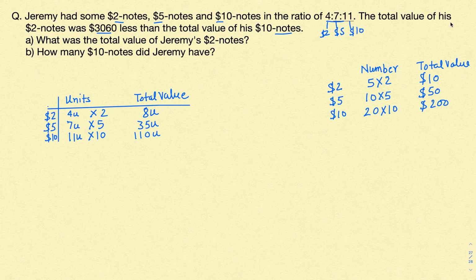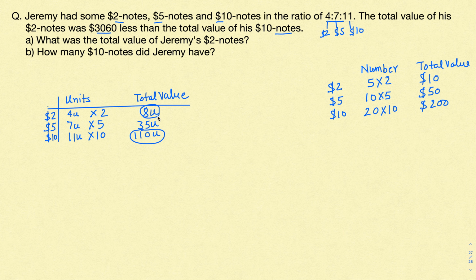The total value of his $2 notes was $3060 less than the total value of his $10 notes. Now look here. The total value of $2 notes is 8 units, and the total value of his $10 notes is 110 units.